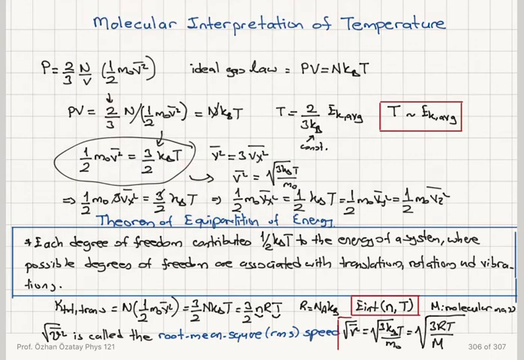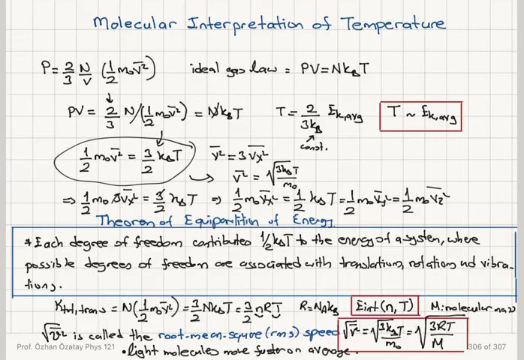So this is telling me the root mean square speed is determined by the molecular mass. So if a molecule is light, then it's going to have on average a higher speed. So lighter molecules move faster on average, an important conclusion.